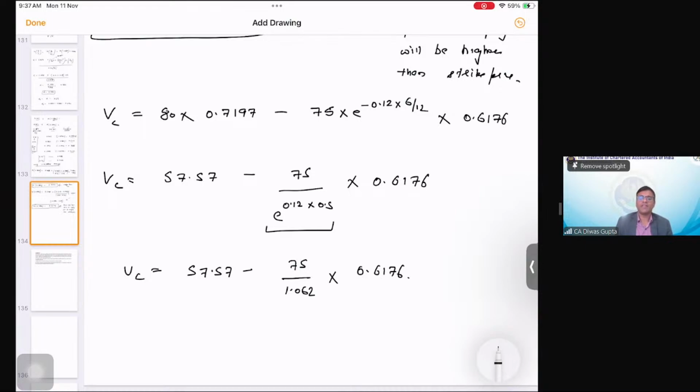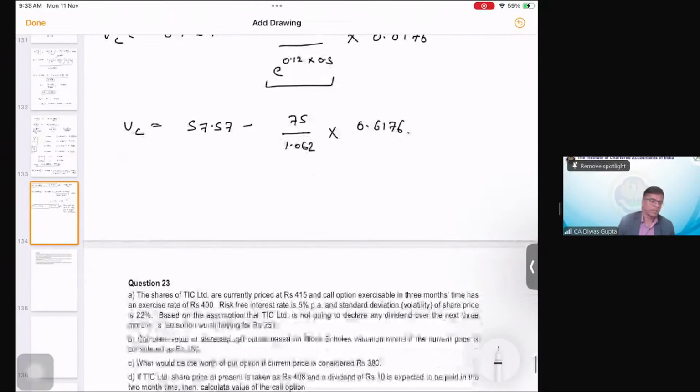So 57.57 minus 75, which is the strike price. The present value factor is got by dividing, which is 1.062 multiplied by 0.6176. Hence the value of call option becomes 57.57 minus 43.62, which is equal to 13.95.